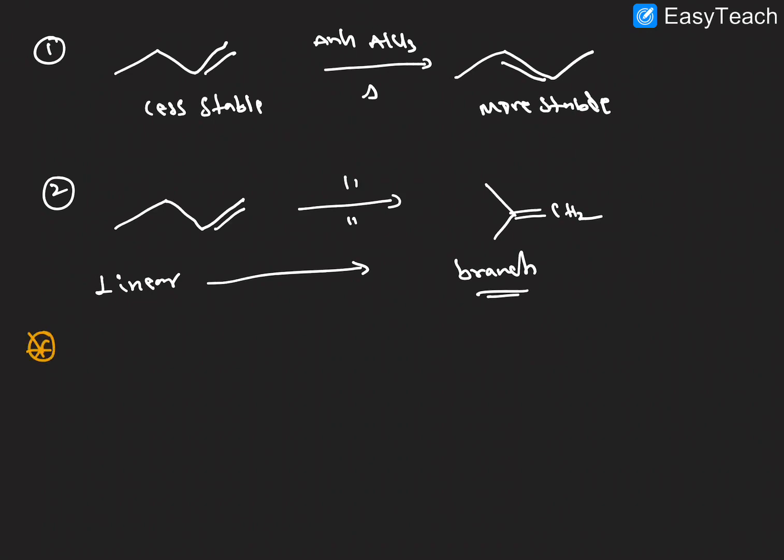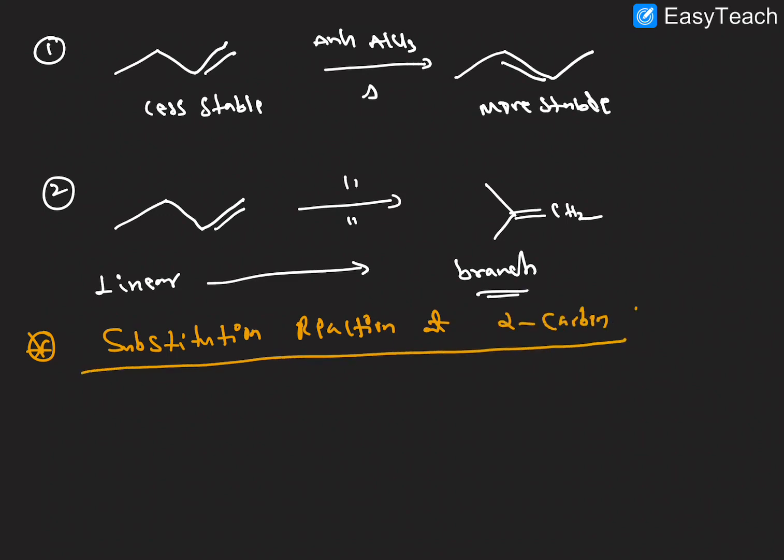Next chemical property, substitution reaction at alpha carbon. Substitution reaction at alpha carbon, right? Here two types of substitution are there.